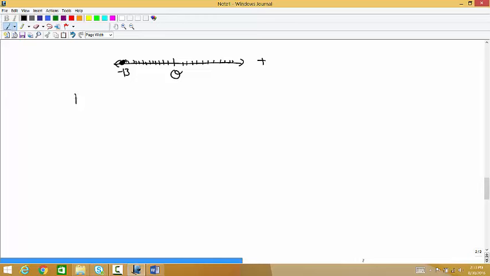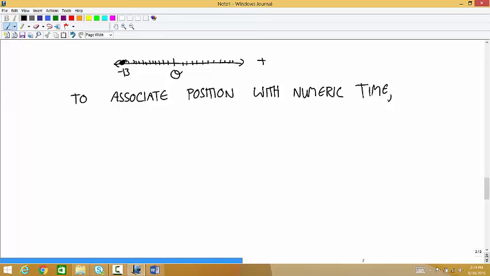So to associate that position with a numeric time, we have to choose an instant corresponding to 0 time.